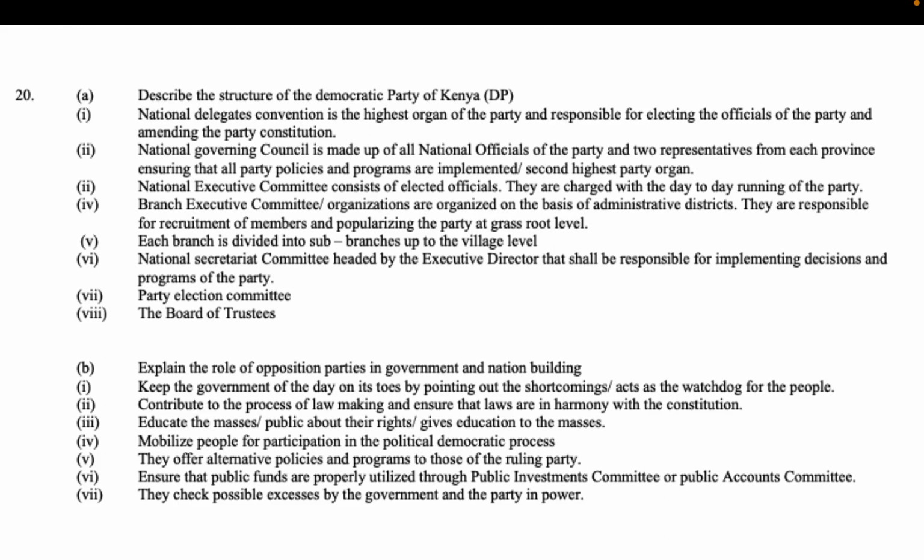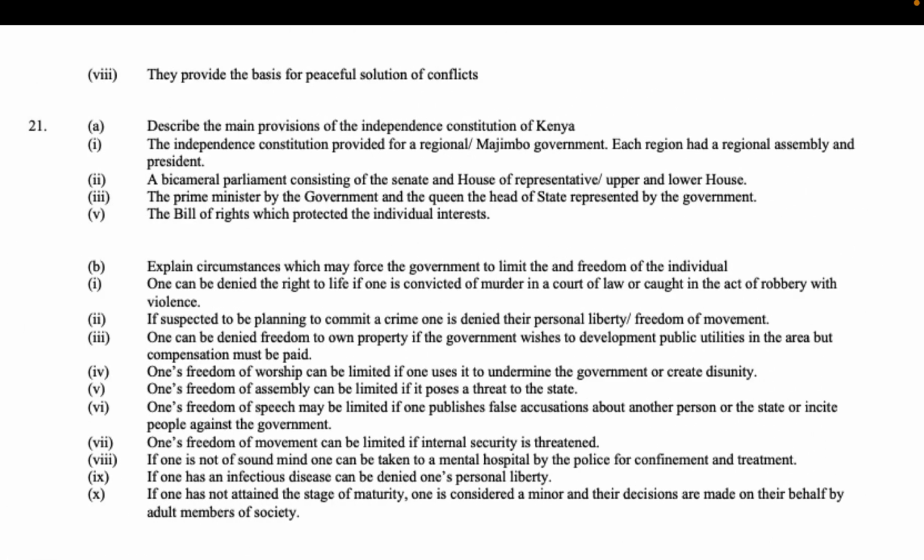Four, mobilize people for participation in the democratic political process. Five, they offer alternative policies and programs to those of the ruling party. Six, ensure that public funds are properly utilized through the Public Investments Committee or Public Accounts Committee. Seven, they check possible excesses by the government and the party in power. Eight, they provide the basis for peaceful solution of conflicts.